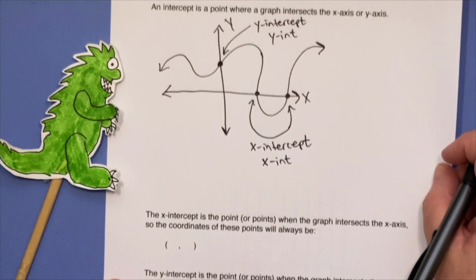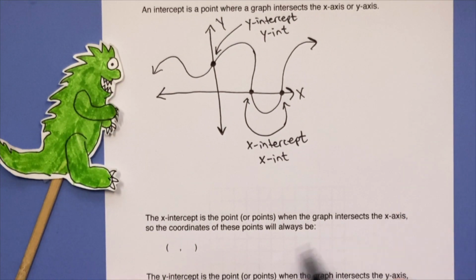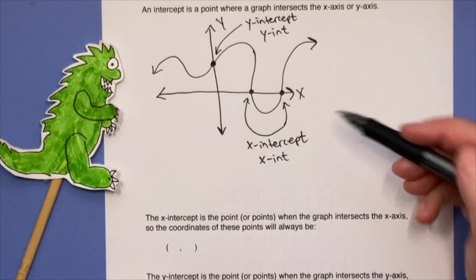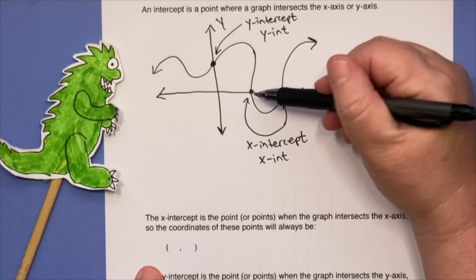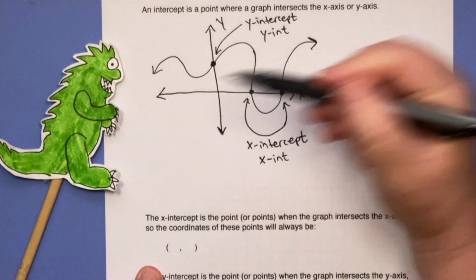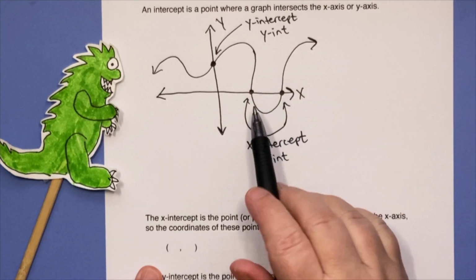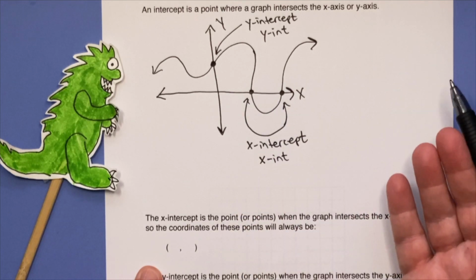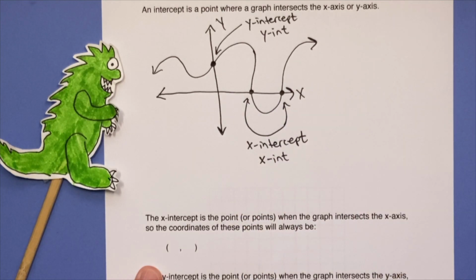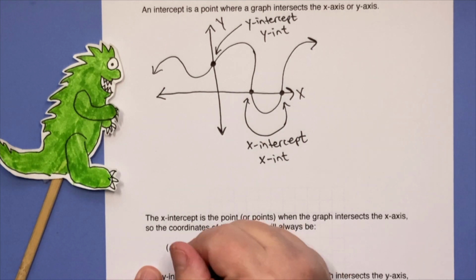Now, the x-intercept is the point or points where the graph intersects the x-axis. So the coordinates of these points will always be... So what is true about points that lie on the x-axis? You'll see these 2 points have different x values, but what's the y value? Exactly, y is 0.